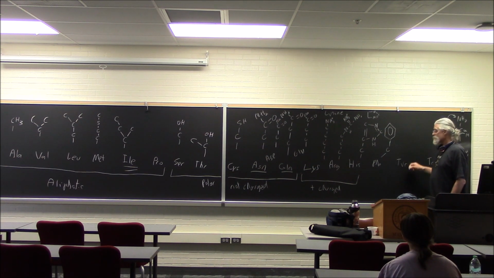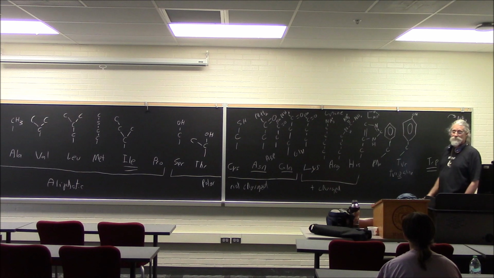Tyrosine, so it's tyrosine. There's an O there. So it's C with the phenyl group with an OH on the end. And then tryptophan, you want to kind of shoot yourself. So I'm going to do it in the other direction because this is starting with the alpha carbon up here.